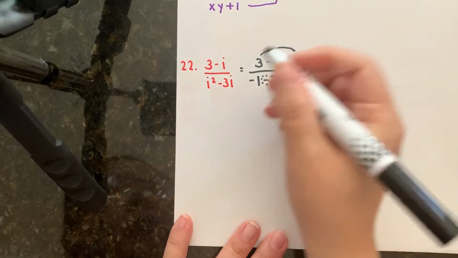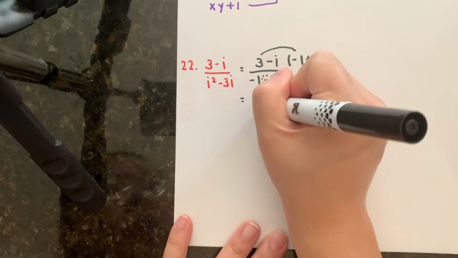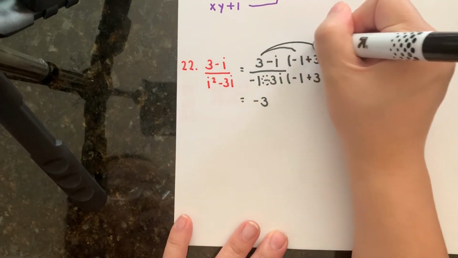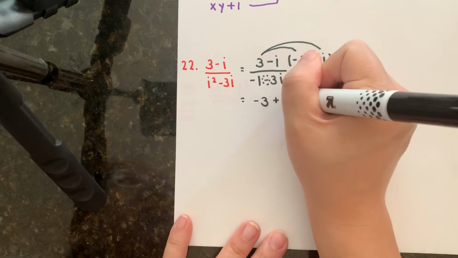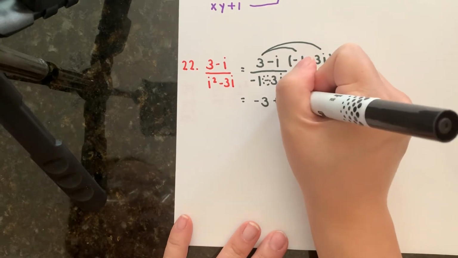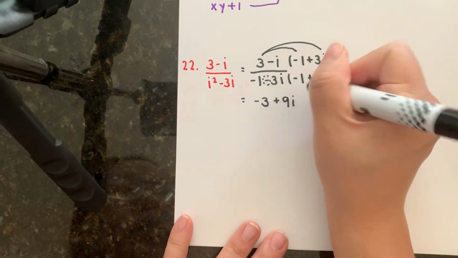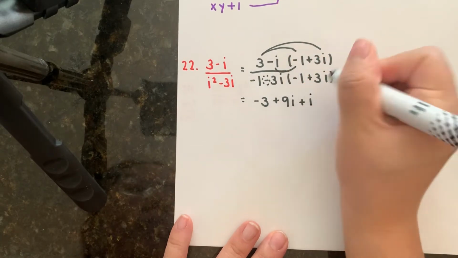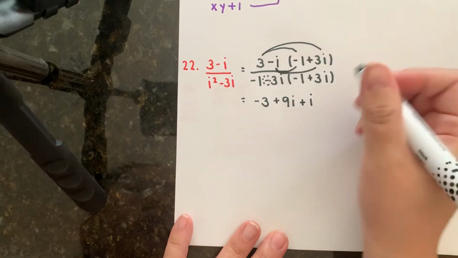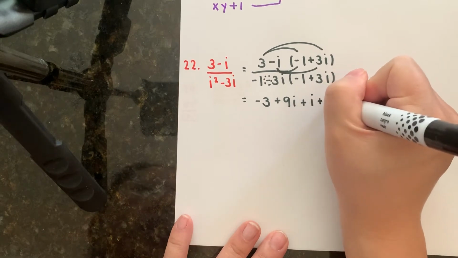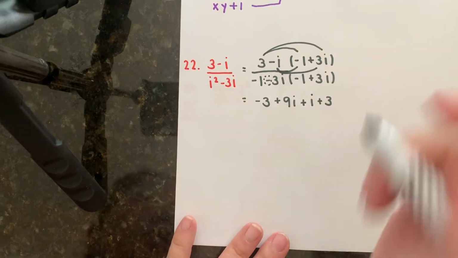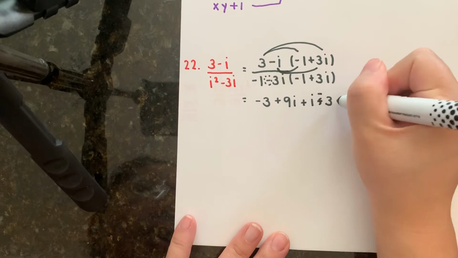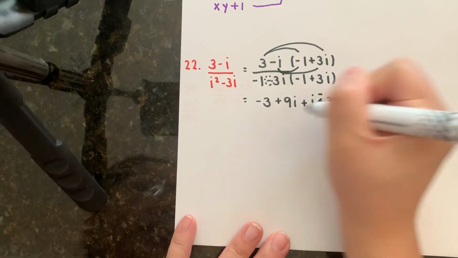You do need to distribute this through. So 3 times -1 would be -3. 3 times 3i would just be 9i. Then -i times -1 would be positive i. -i times positive 3i would be -3i squared, and then i squared is -1.